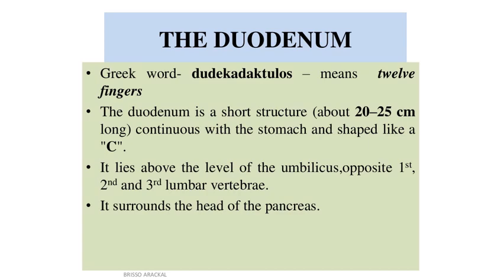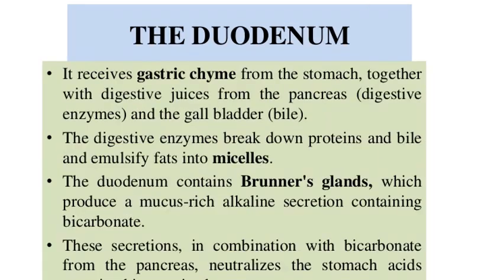It surrounds the head of the pancreas. The duodenum receives gastric chyme from the stomach, together with the digestive juice from the pancreas and the gallbladder.